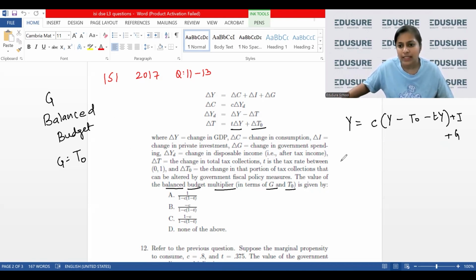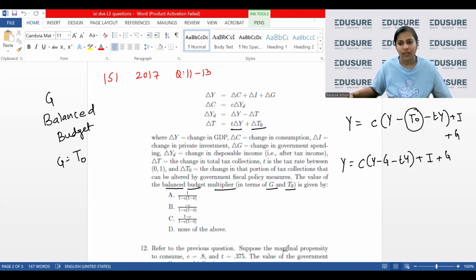So let's say Y is equal to C, Y minus, I replace t naught with G, minus tY plus I plus G. Total differentiation means when you differentiate each and every term. Okay, so if I had to write the full version of this total differentiated equation, I'll do that so I can tell you how we do it.